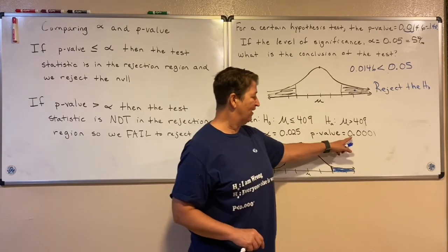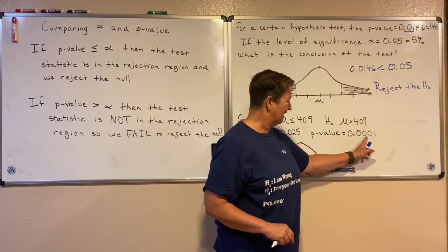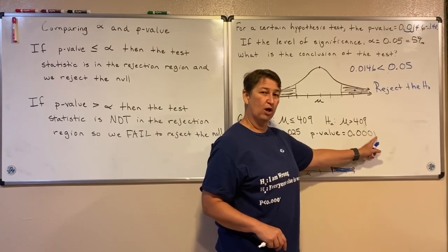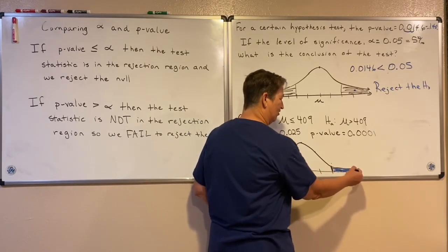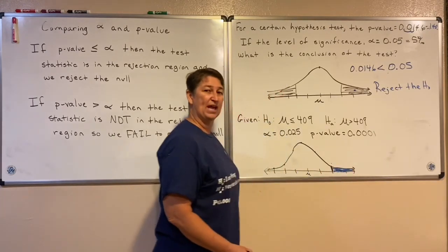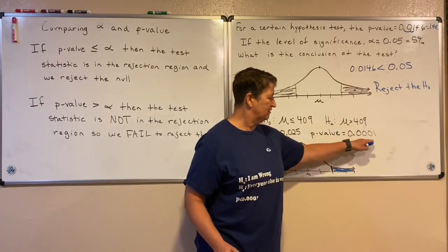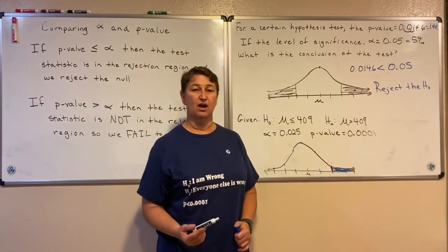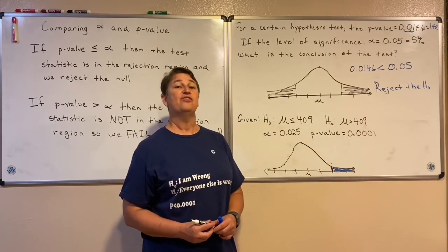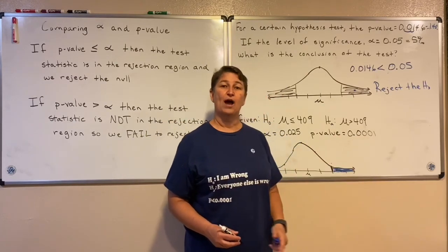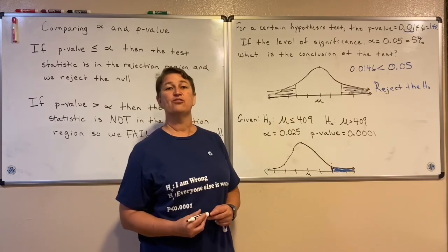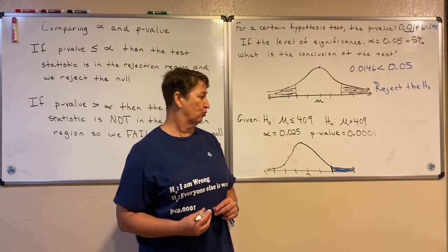Well, my p-value is teeny tiny. It's 0.01%. So that means that my test statistic was something way out here. That rarely happens. So if you're performing a hypothesis test, that would be a lot of evidence gathered that your alternative hypothesis is correct.